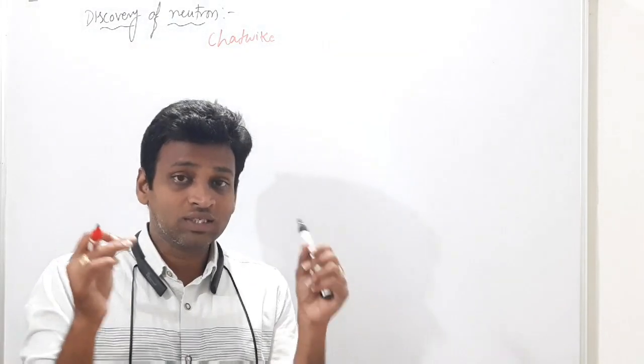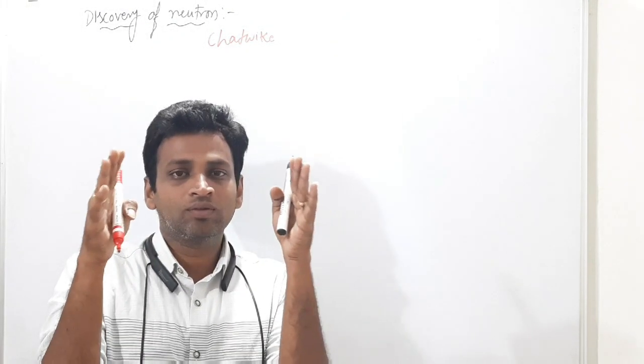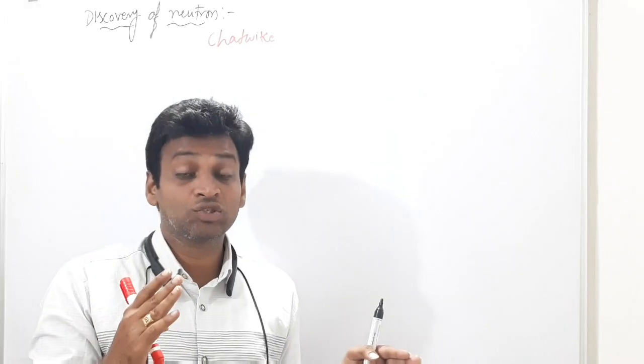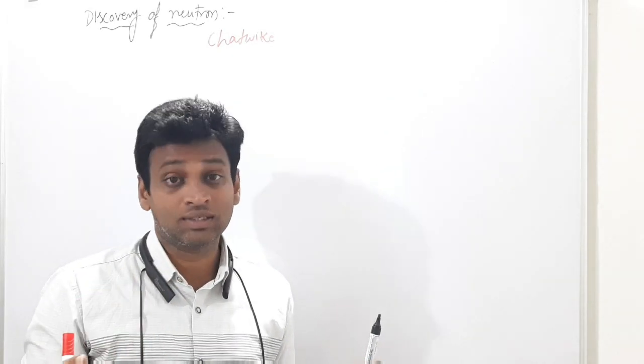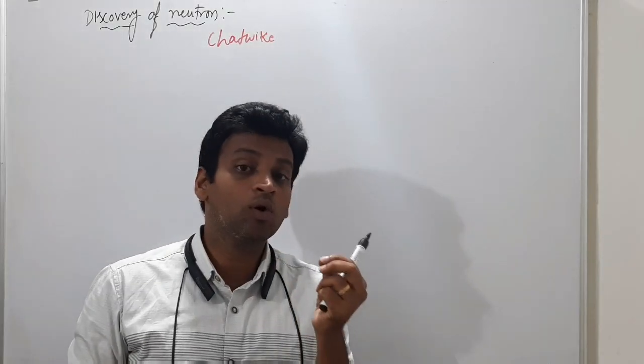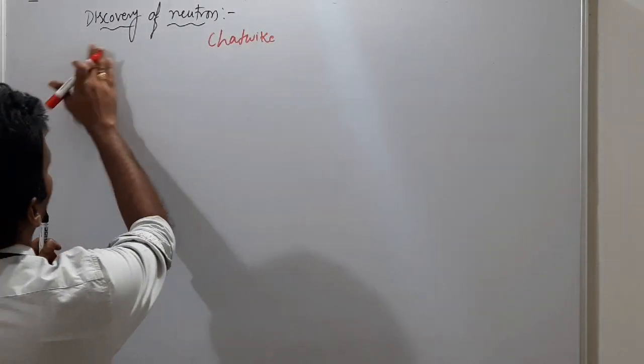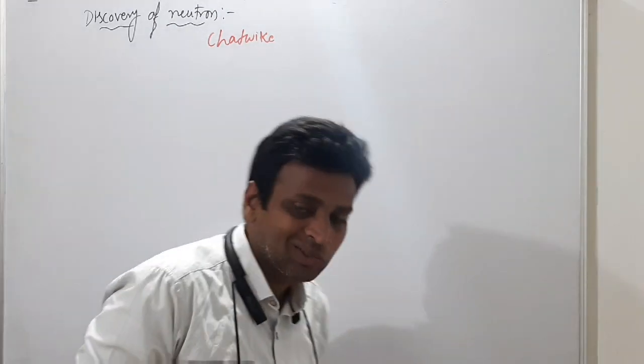But first, I gave you the three particles, electron, proton, neutron, their charges as well as masses in different units. You must know all those things very clearly. So, very importantly, how was the neutron discovered?